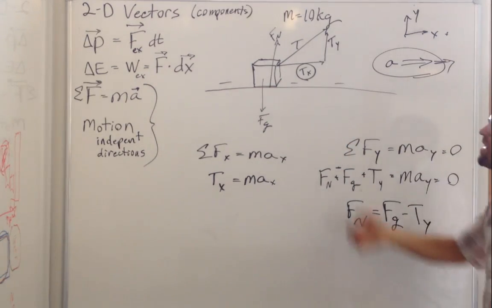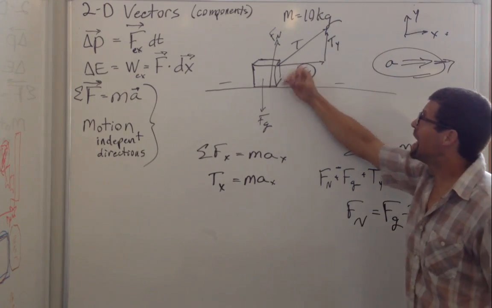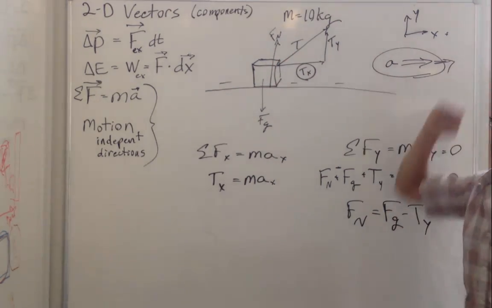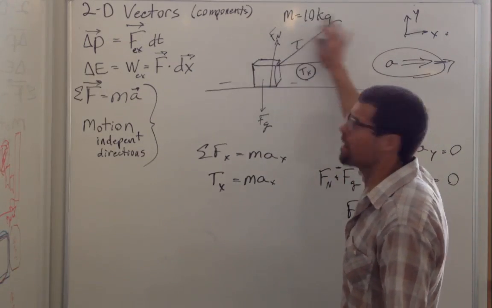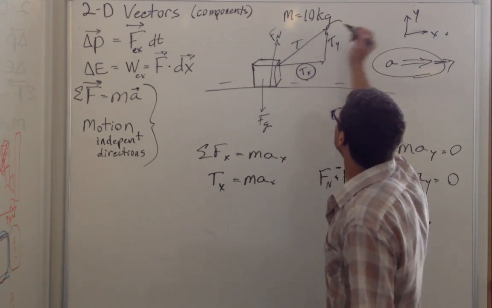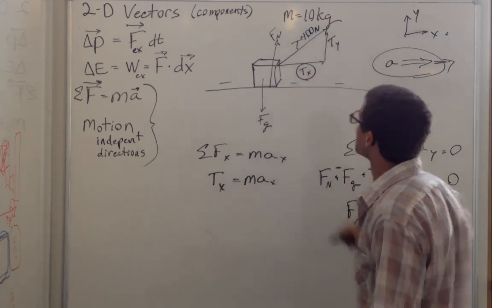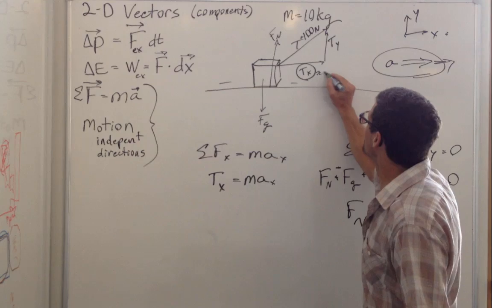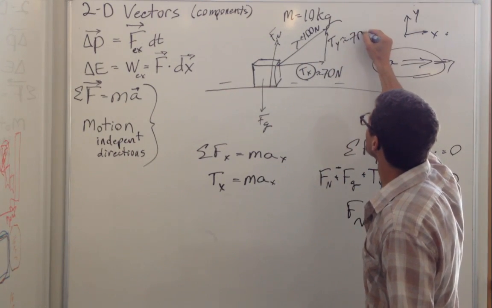And you could imagine if I pulled it hard enough, this component could become greater than gravity, and all of a sudden I would be accelerating this off the ground. And so, for instance, if this is a realistic scenario, what if this tension is equal to 100 newtons, let's say? Well, then this would be about 70 newtons, and this would be about 70 newtons.